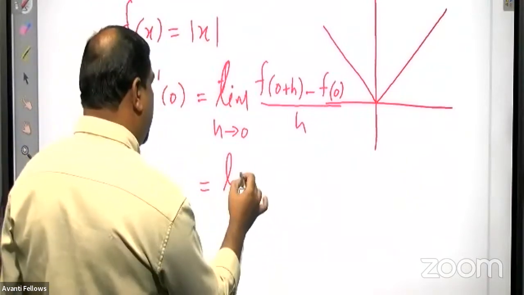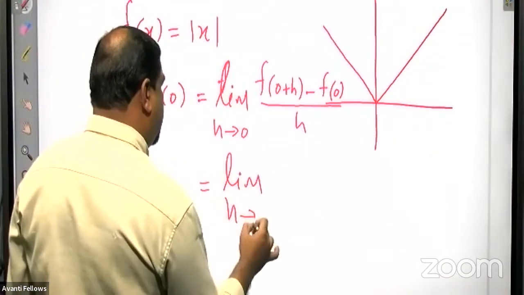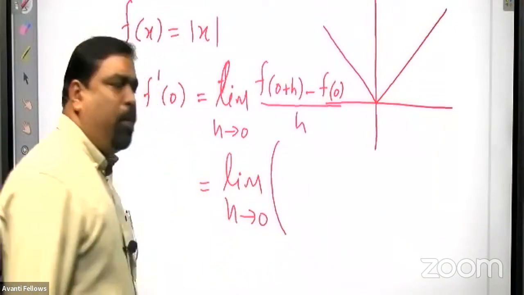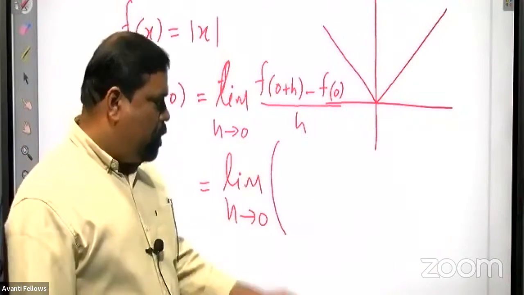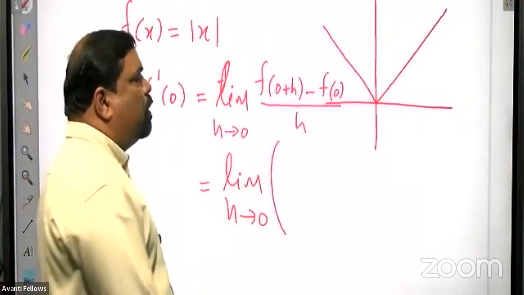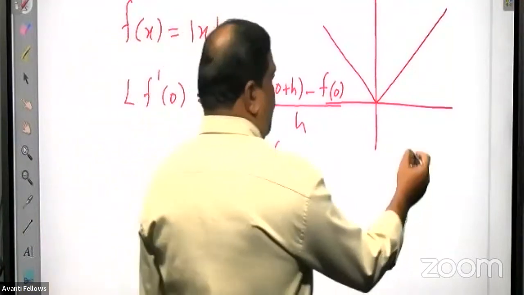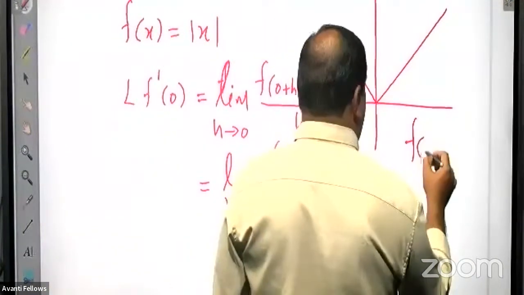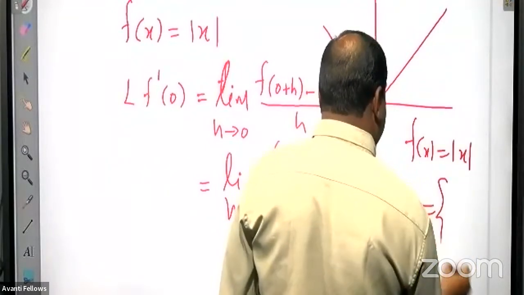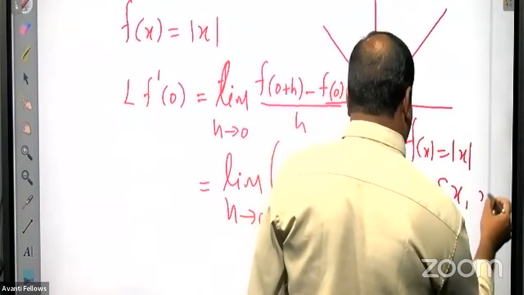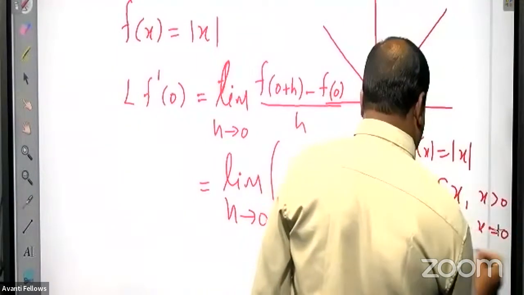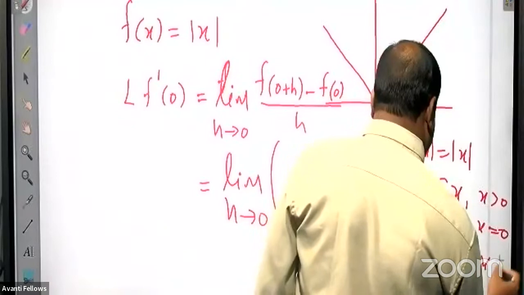That is equal to limit h tends to 0, f of 0 plus h. f of 0 plus h means f of h. Now you see the definition of mod x. Our function is mod x, and the definition is mod x equal x if x is greater than 0, 0 at the point 0, and minus x if x is less than 0.